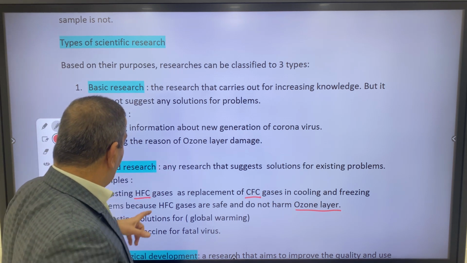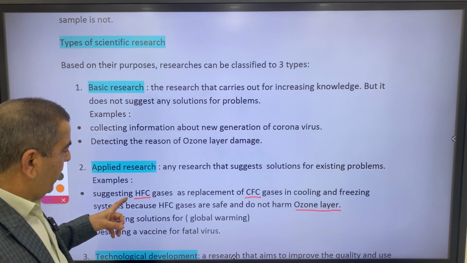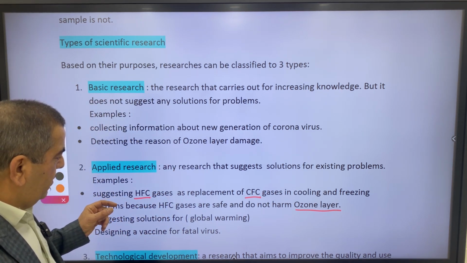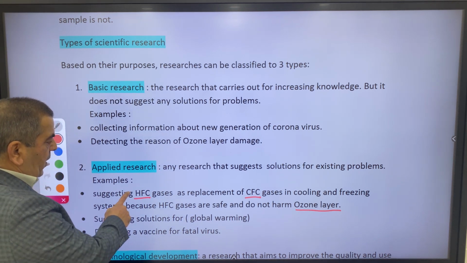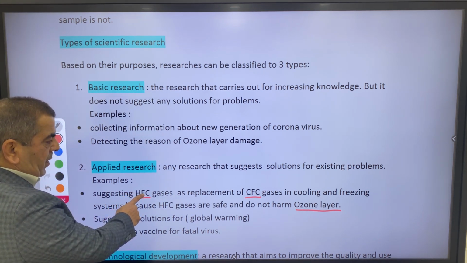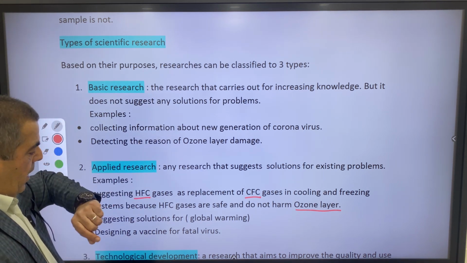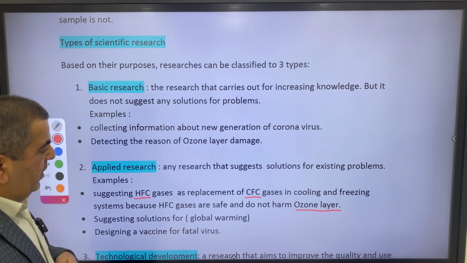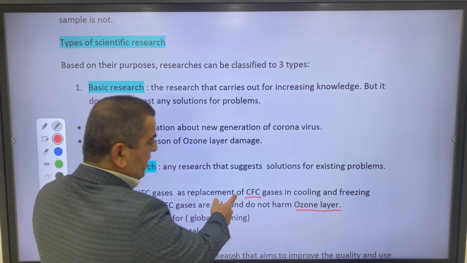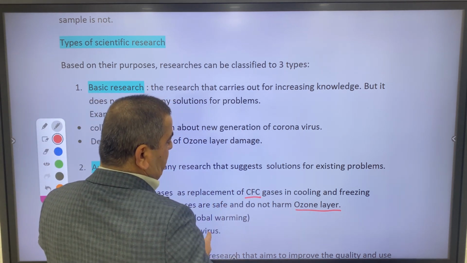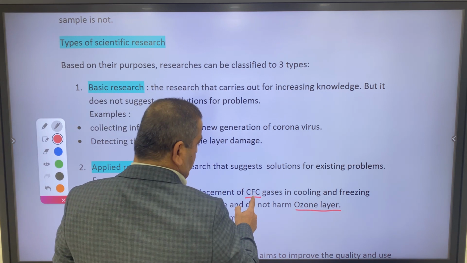But in applied research, the researchers suggested hydrofluorocarbon gases to be used in a fridge, in systems of cooling instead of CFC gases. CFC gases were used.